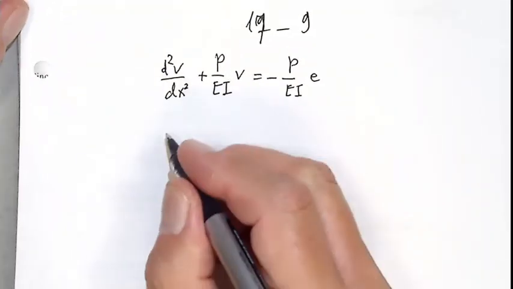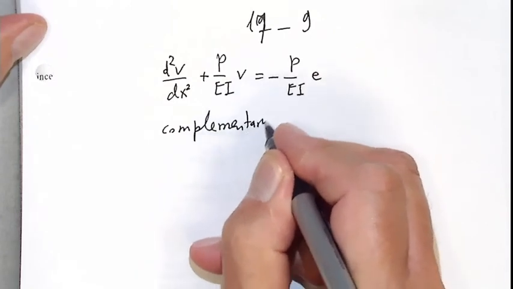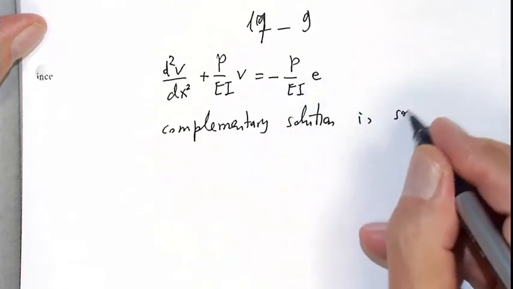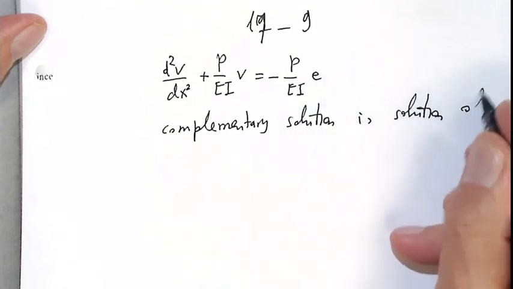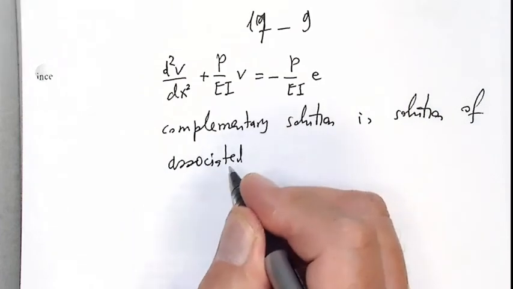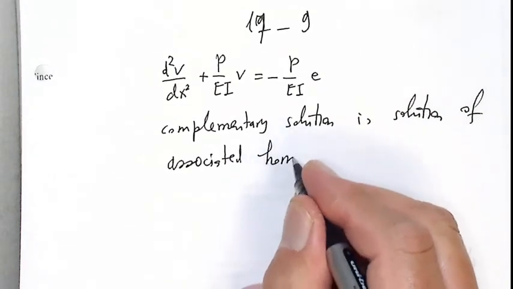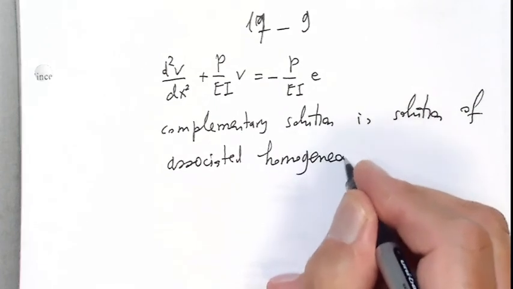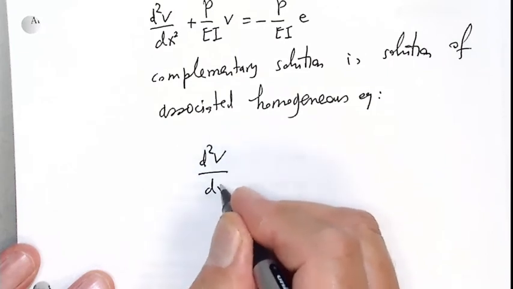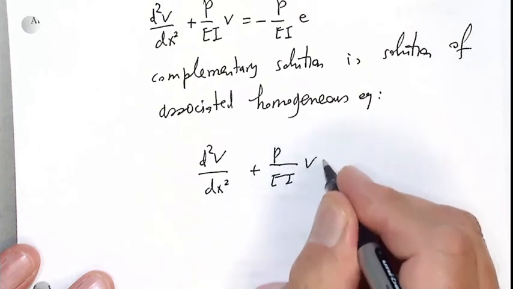Now, complementary solution is solution of associated homogeneous equation. And that is d2v dx squared plus p over EI v equals 0.